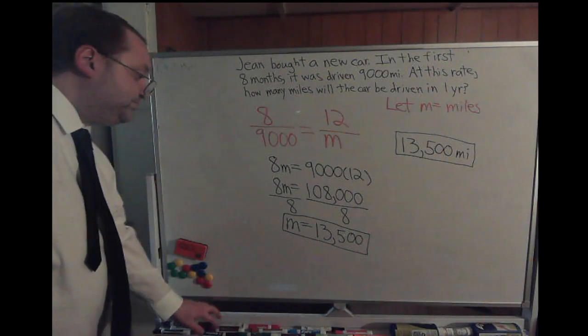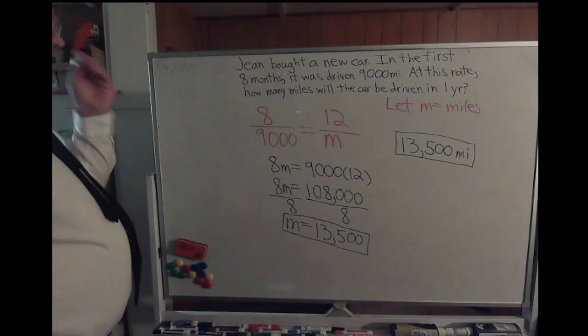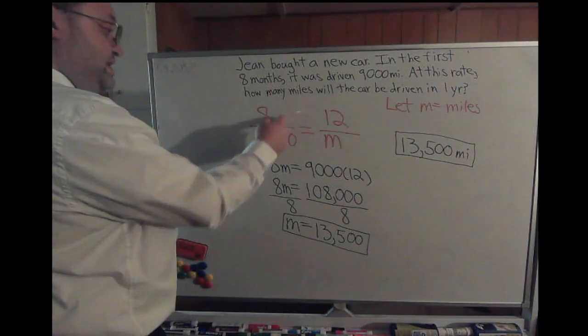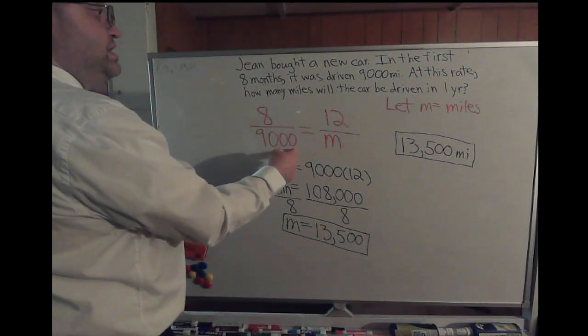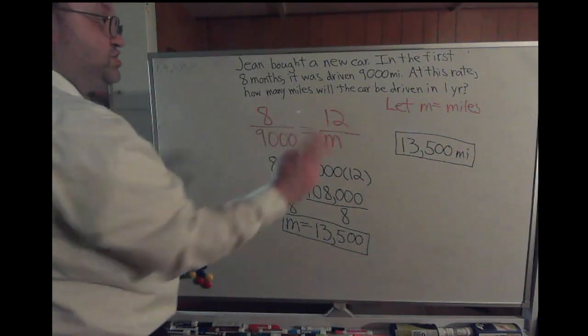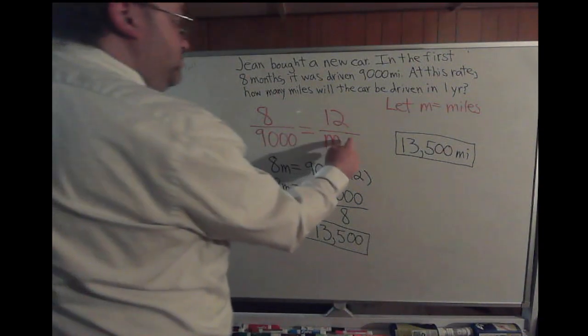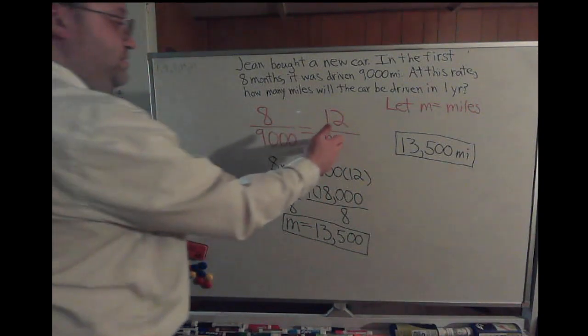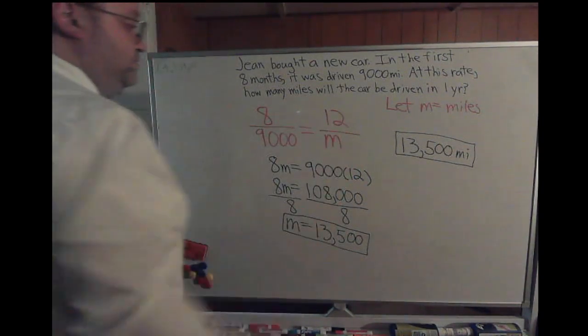So, again, set up your problem. The first ratio is 8 months to 9,000 miles. Then we have a year, which we said was 12 months, is equal to, over M miles, rather. It's 12 months to M miles.